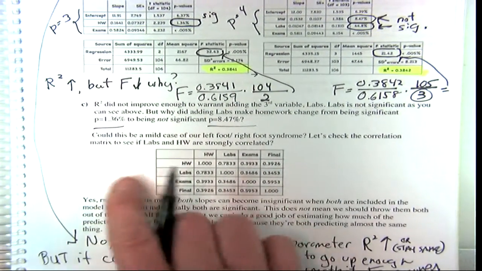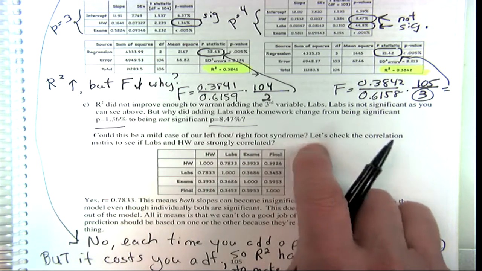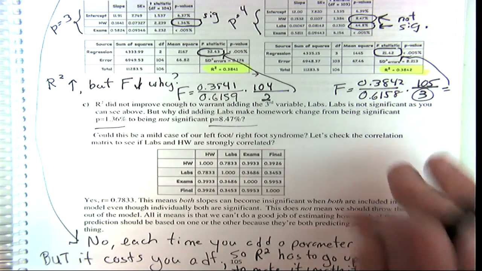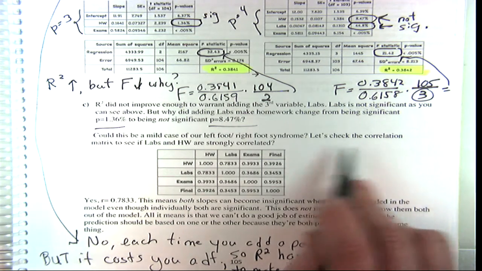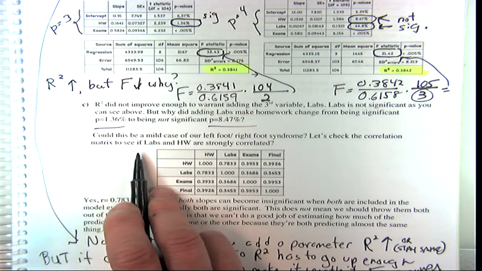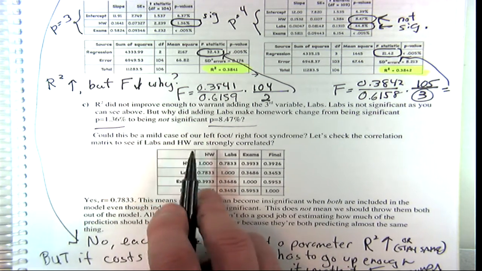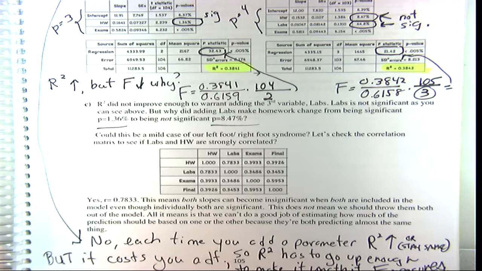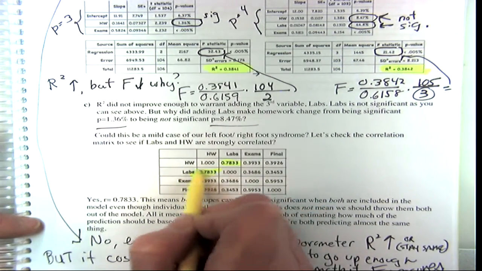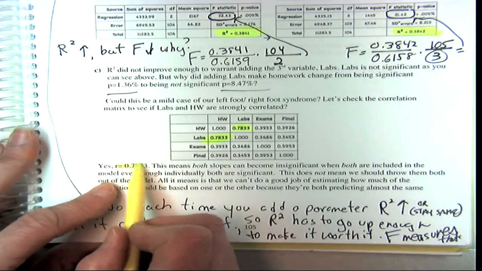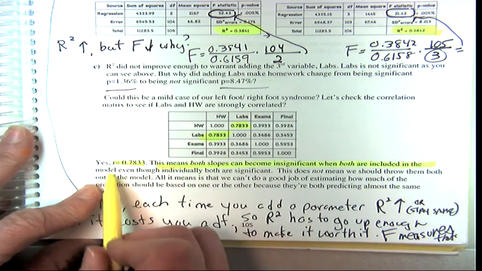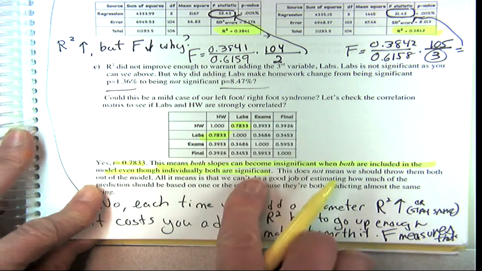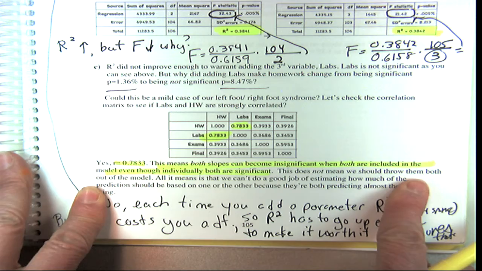So I say, could this be a mild case of our left foot, right foot syndrome? You have to be very careful if you add two variables that are highly correlated. Let's check the correlation matrix for multicollinearity to see if labs and homework are strongly correlated. And look at them. They're very strongly correlated. So that is lousy. It doesn't mean we should throw them both out of the model.